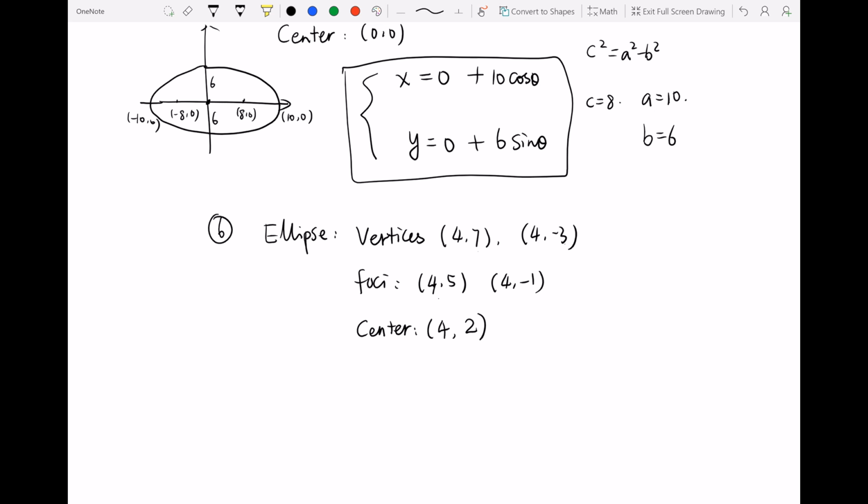So right here, I'm going to call a student. X equals what? Y equals what? Zhijian, could you please tell me?